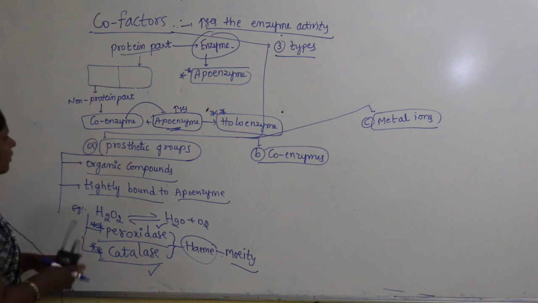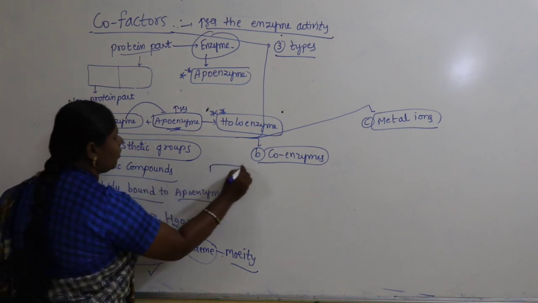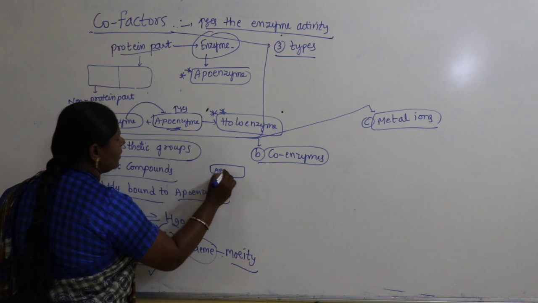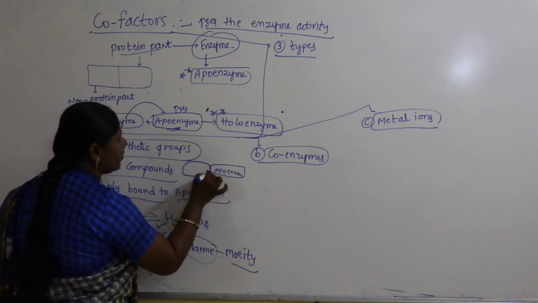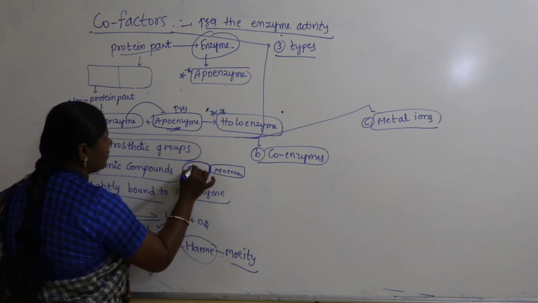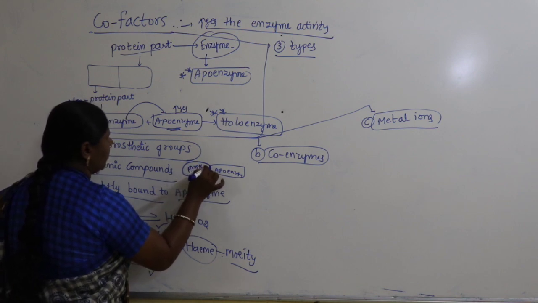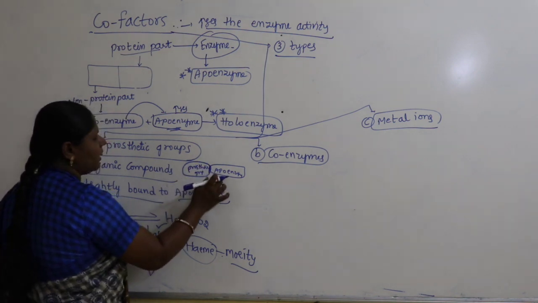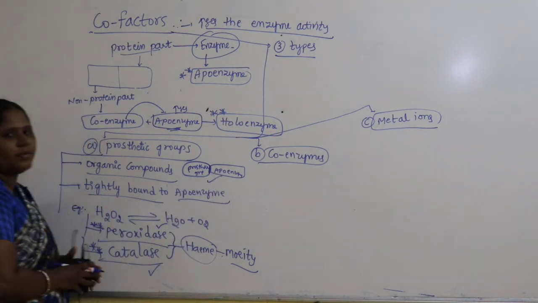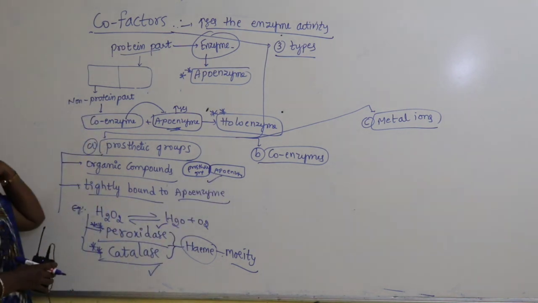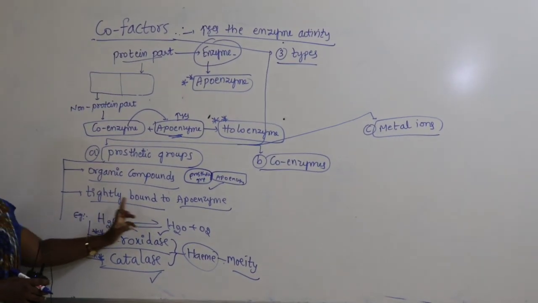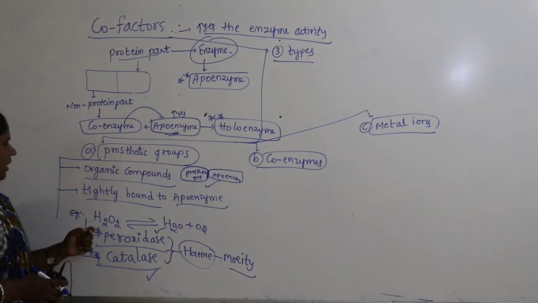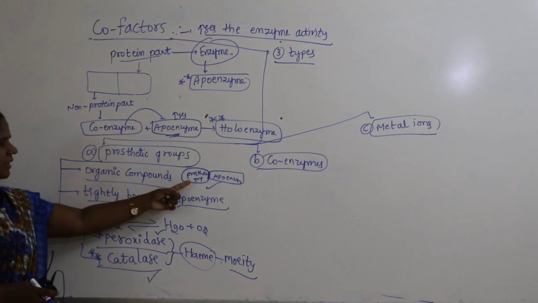That means if you look at this, this is the protein part called apoenzyme. To the apoenzyme, the prosthetic group is tightly bonded. What is this group? Prosthetic group. Prosthetic group is tightly bound, as a result the enzyme activity increases. Again I repeat, prosthetic groups are organic compounds that tightly bind to apoenzyme and increase the activity of the enzyme.